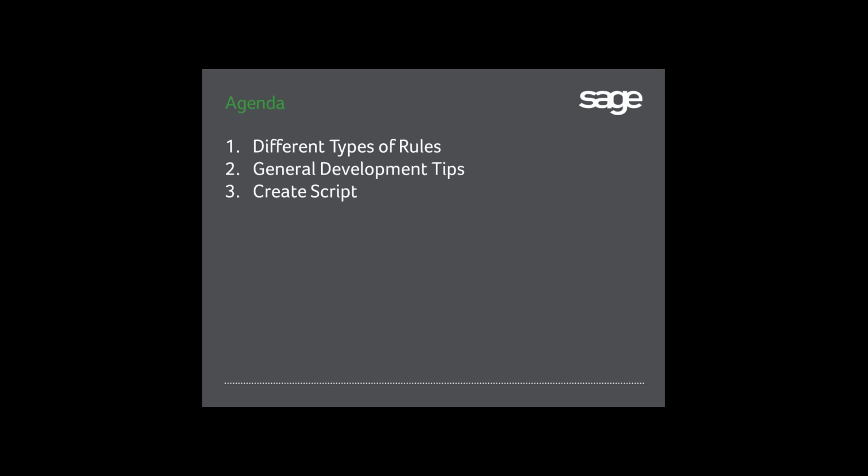We've touched on rules already, when we were looking at the idea of the data model. We'll be carrying some of these ideas of integrity and the different forms of business rules into our discussion of how we define rules and the alternatives that Sage CRM gives us.